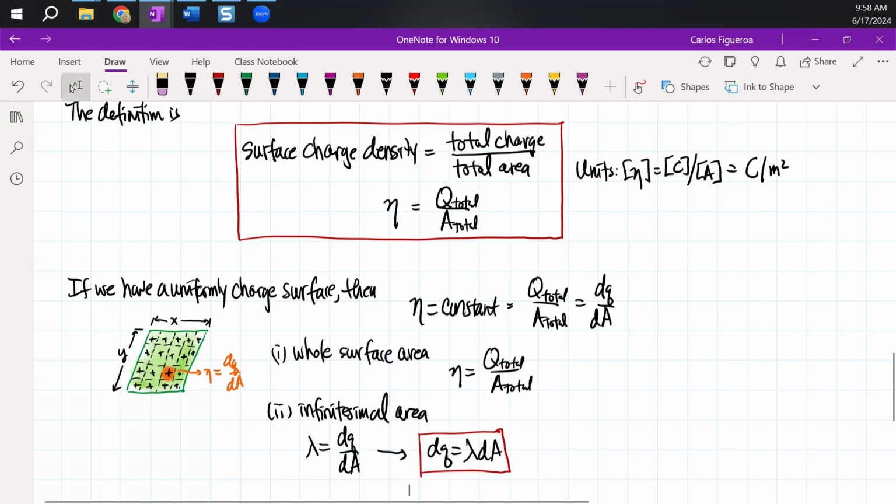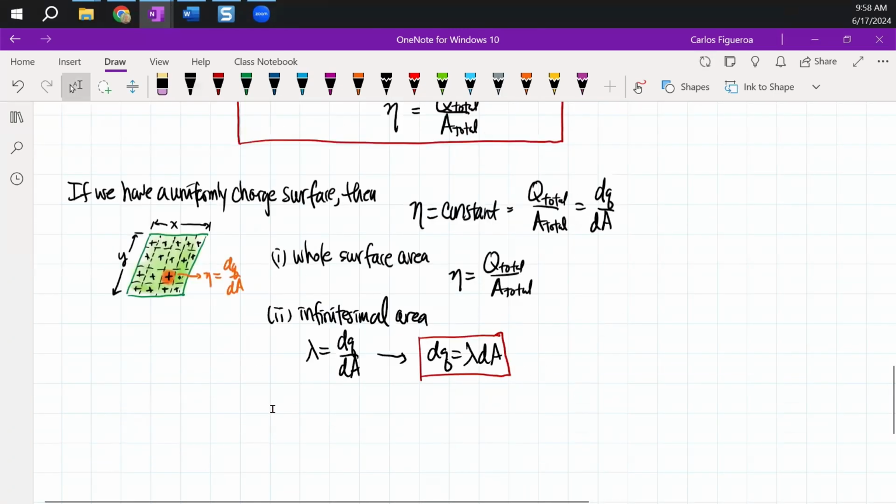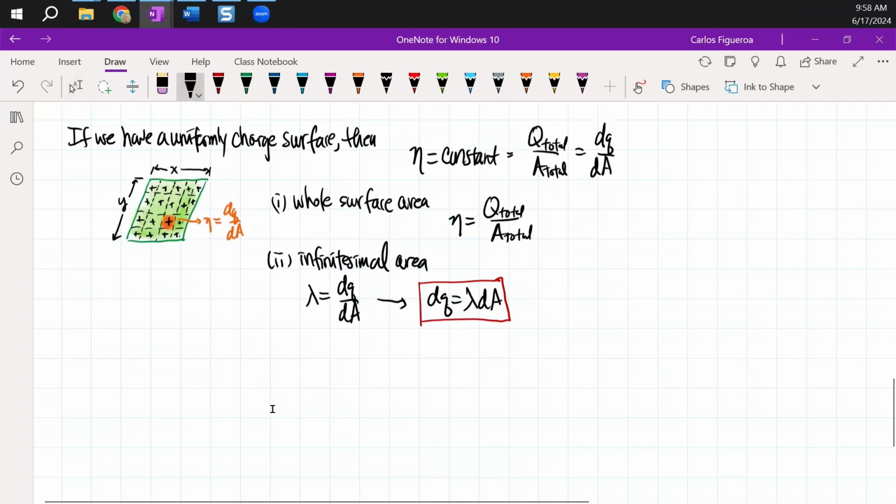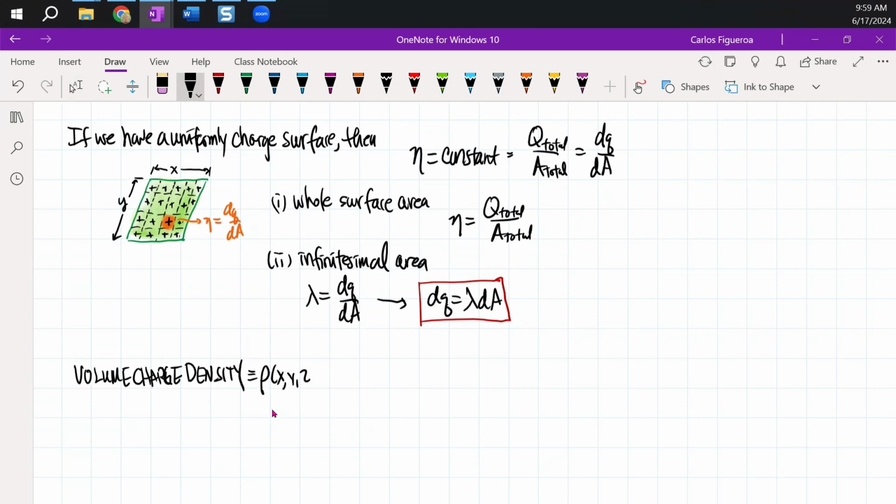For a volume charge, it plays the same role. But in this chapter, we're not going to deal with volume charges. We're going to deal with them in the next chapter. So here I'm just going to summarize it very quickly because it follows the same path as here. We're going to have a volume charge density, which is defined as rho of x, y, z.